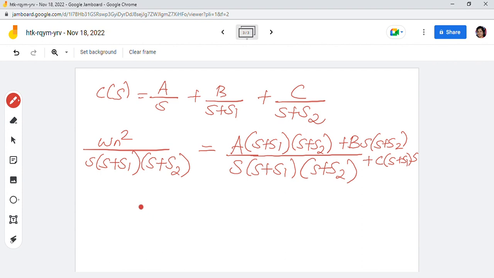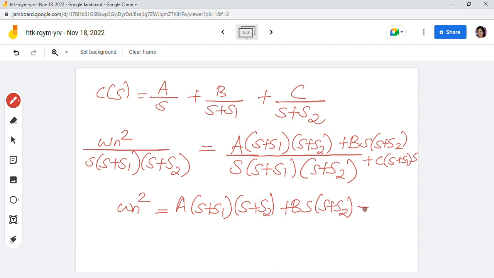Now first, in order to get the value of A, we can apply... Now equate the numerator: omega n square equals A into (s plus s1) into (s plus s2) plus B into s into (s plus s2) plus C s into (s plus s1).